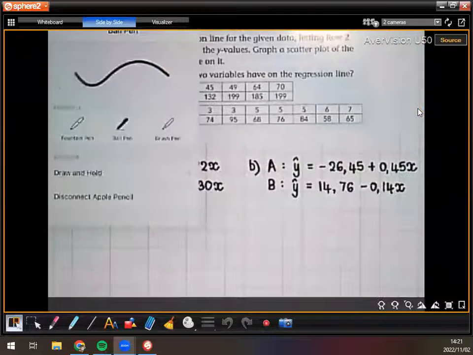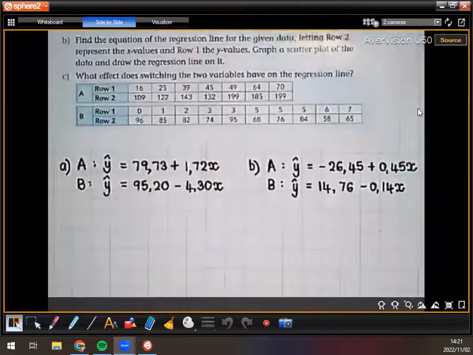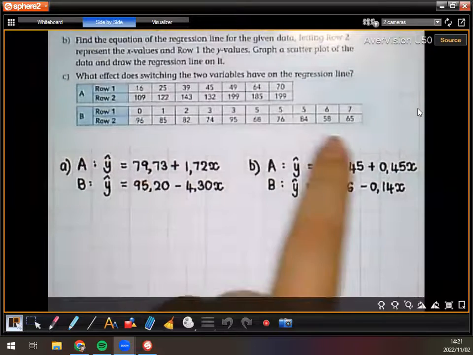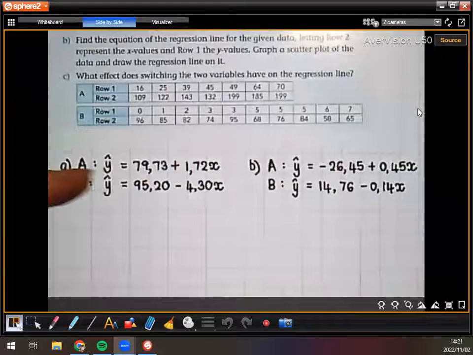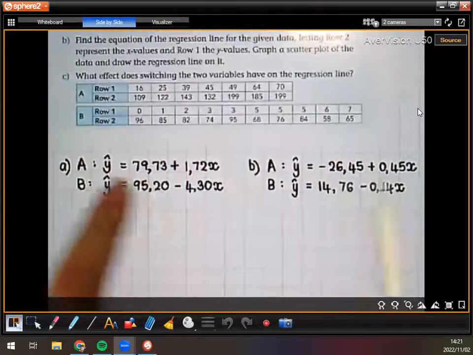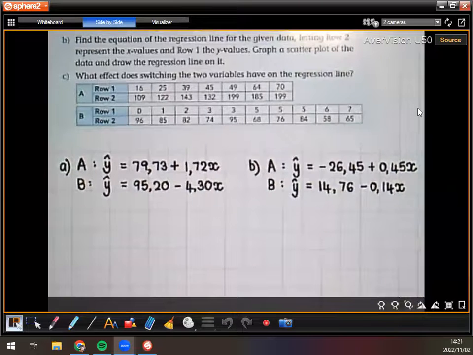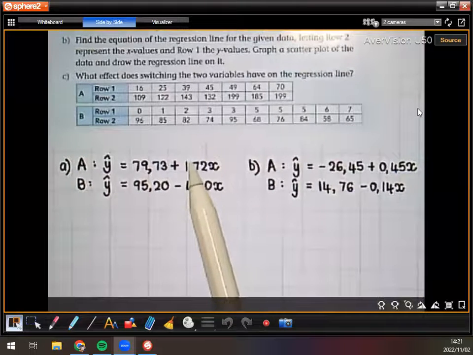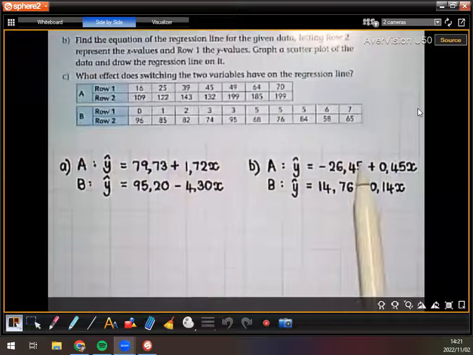And then they were asking, what effect does switching the 2 variables have on the regression line? Now, it's not really something that you can see easily if you didn't actually draw them. But if we're just looking at the equations, we're looking at the 2 equations for A. It's the same values, right? But because we had x and y like this in the first question, and then x and y like this, you see how different the equations look, right?